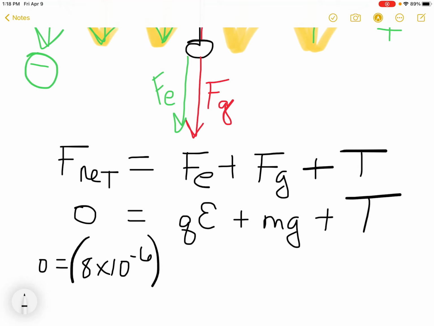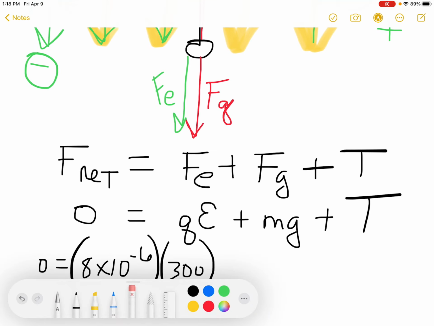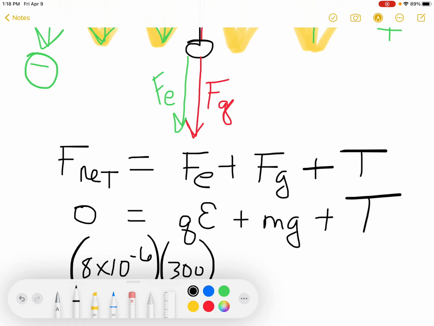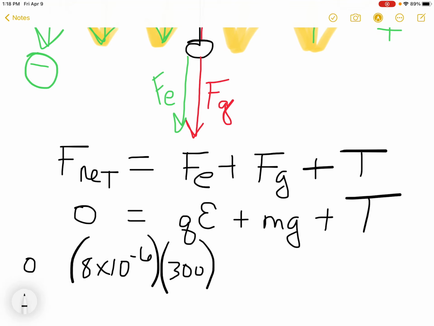E was told to us as 300. But this is a downward force, so I have to put a negative in front of it. Same with gravity, it's downward, so negative.